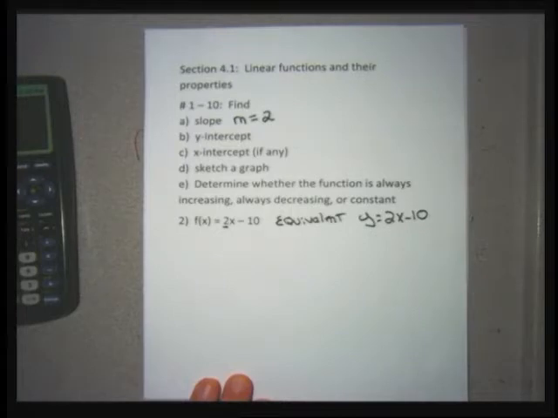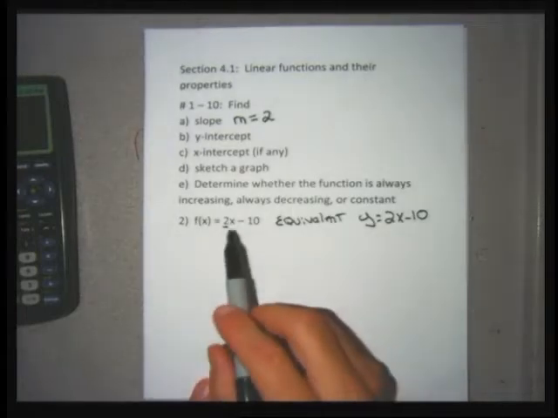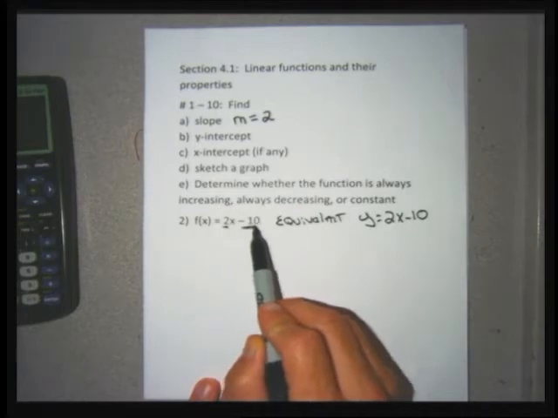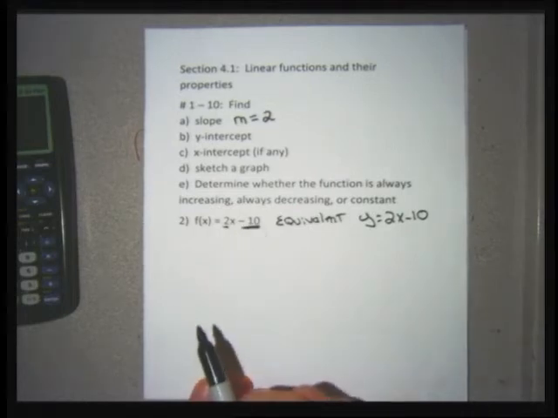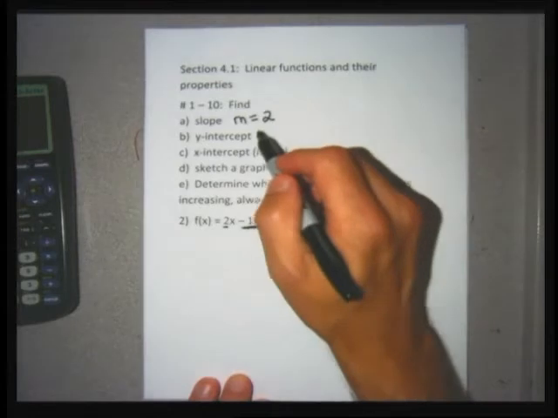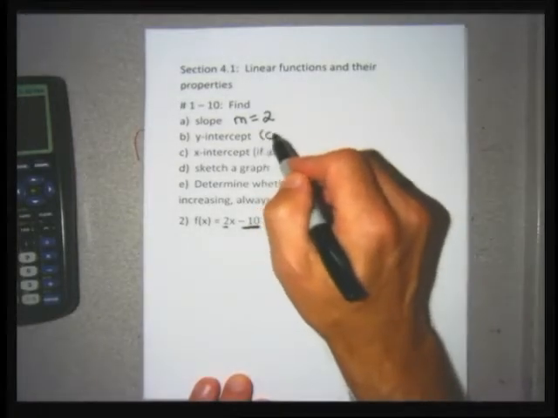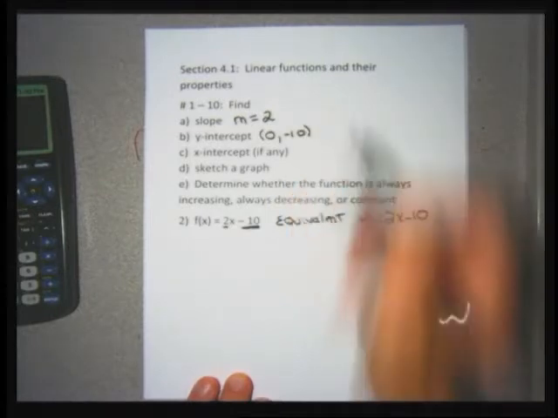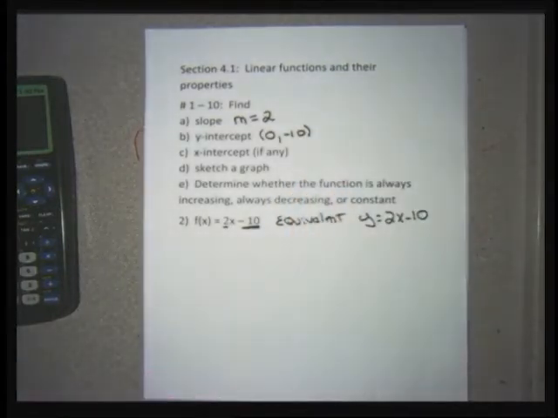Because the equation is in the y equals mx plus b form, the number after the x is the y-intercept, and I'm going to write the y-intercept as the point (0, negative 10).